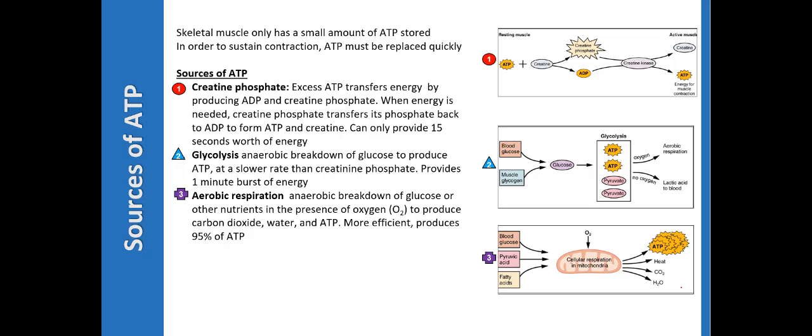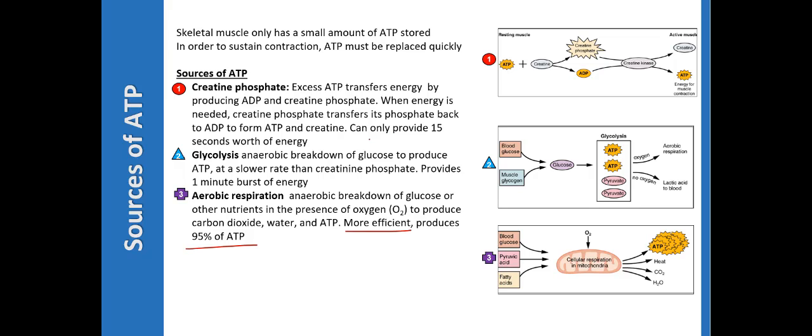Speaking of sources of ATP, there are 3 different ways that ATP can be generated within muscle tissue. So you've got creatine phosphate, glycolysis, and aerobic respiration. And when you see here, aerobic respiration is the most efficient, provides 95% of ATP.